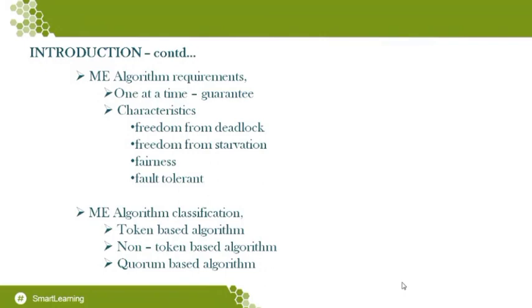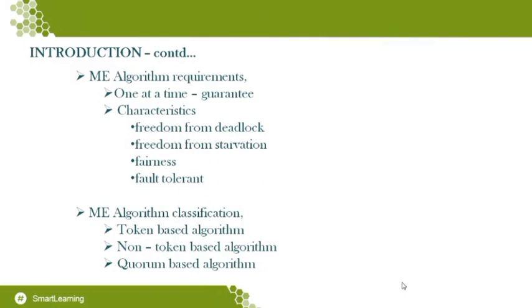Then what are non token based algorithms? Non token based algorithms are those wherein you don't have any specific token, but the sites send messages to each other. Say, for example, there are n sites. These n sites exchange messages with each other, and just by exchanging messages, they are able to achieve mutual exclusion.